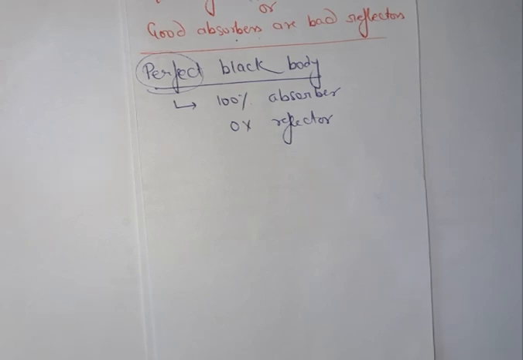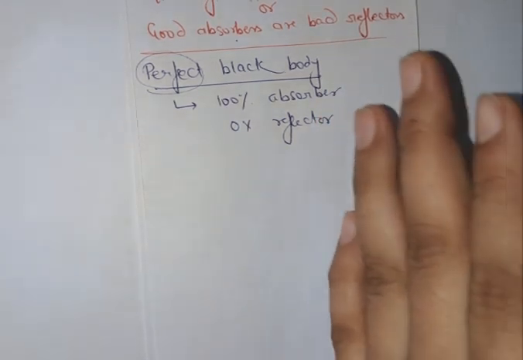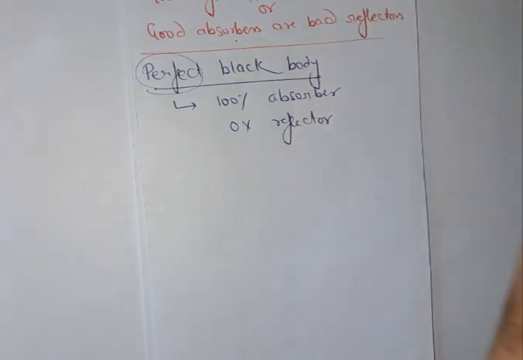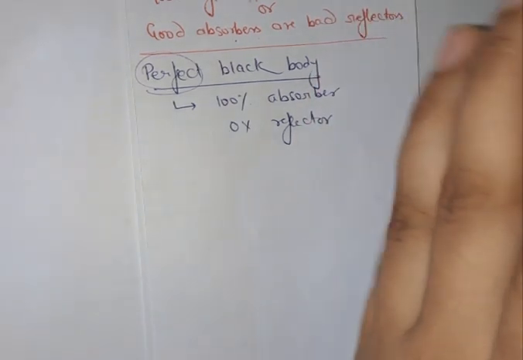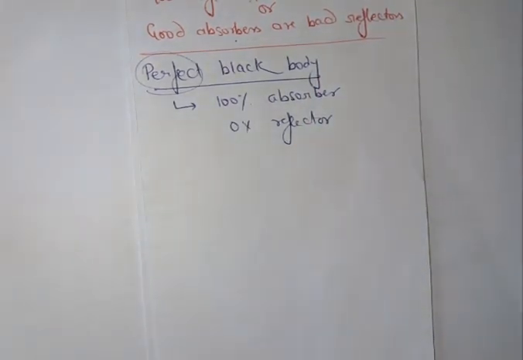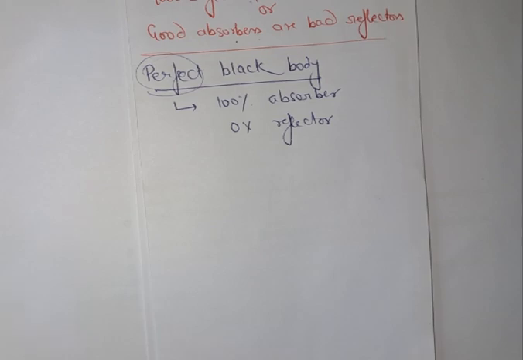Whatever the object, if it is a perfect black body, it should absorb all of the light, all of the energy that is exposed to it, and it will reflect none of the light, none of the energy out of it. So it will absorb all the energies given to it, but it will not reflect any energy out.